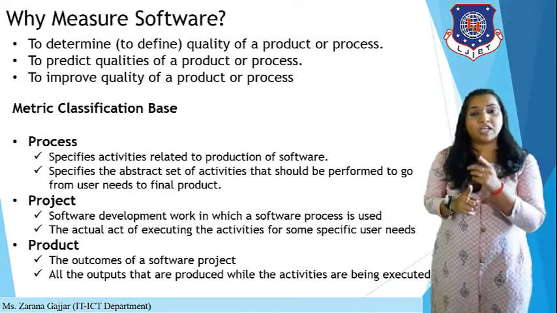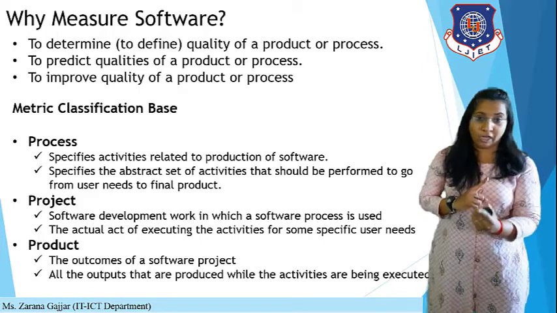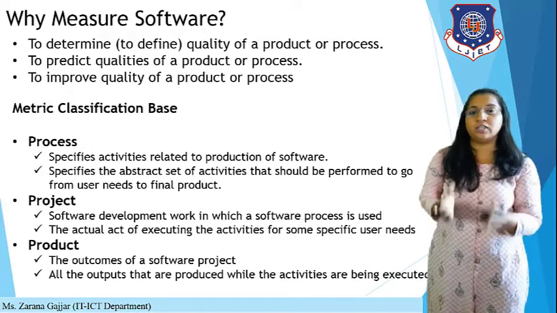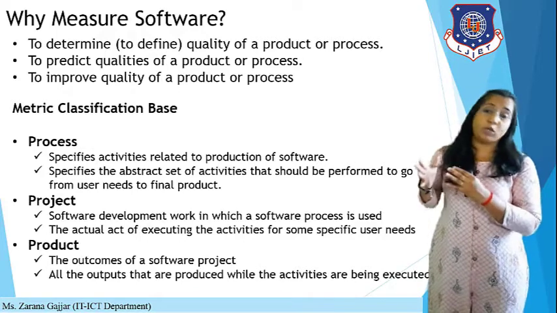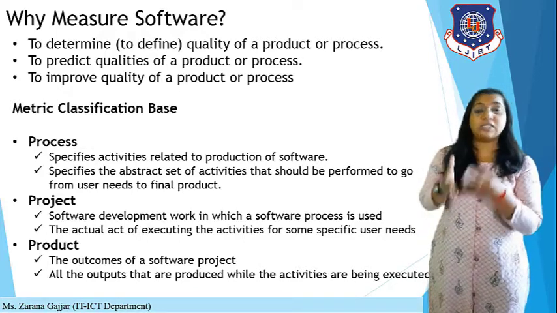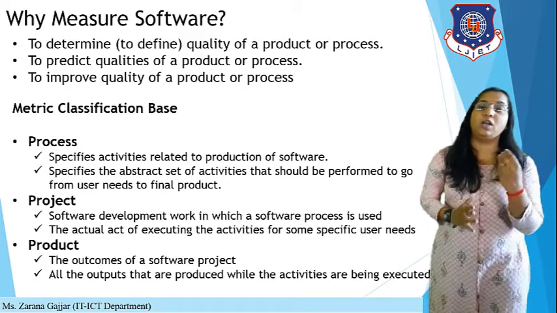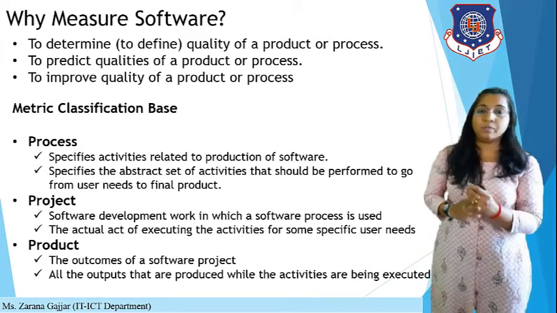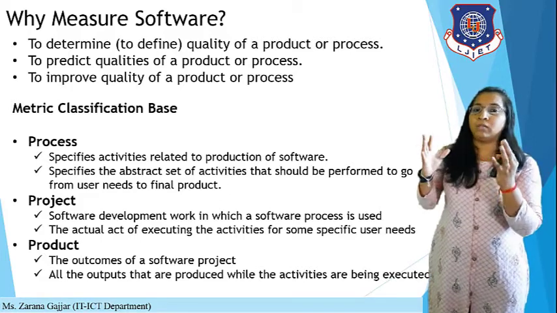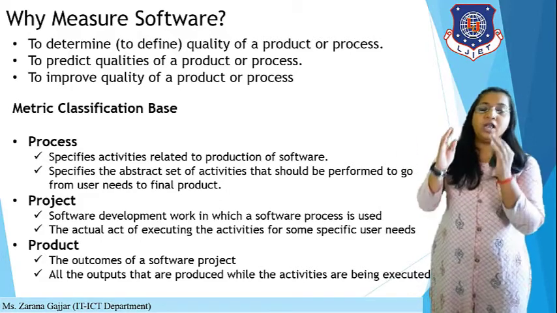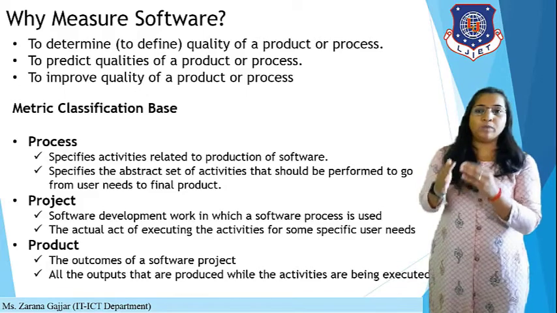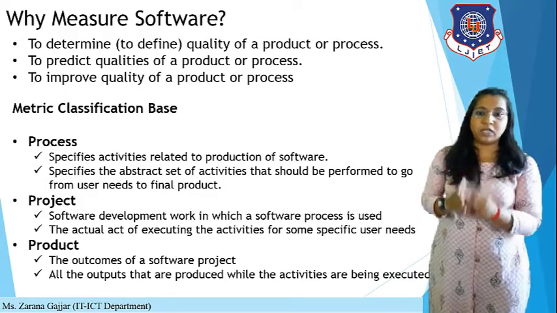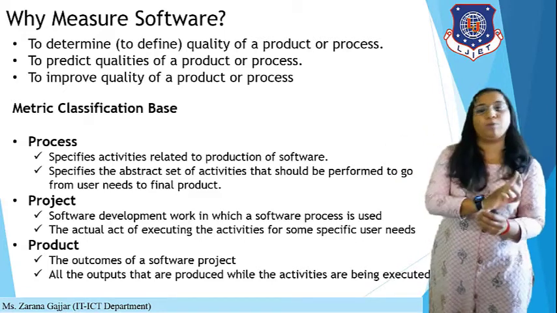Based on that risk you can improve the quality. If your software measurement is not done, then you lead to project failure. So this is the reason why we measure our software. Now, metric classification: based on some categories, we classify metrics into classes. We classify each and every software measure into process, project and product.